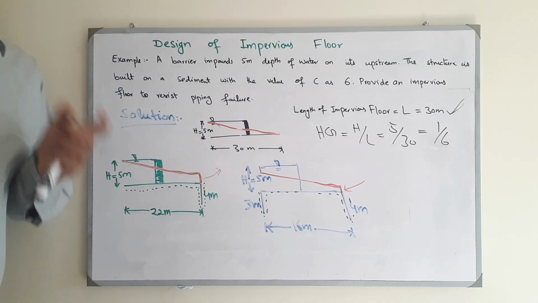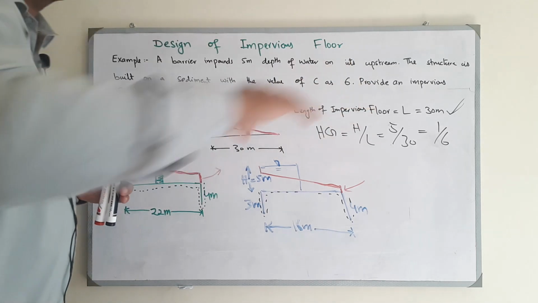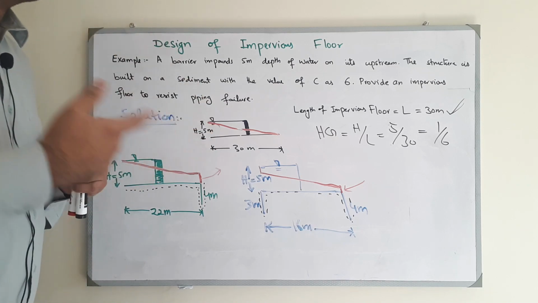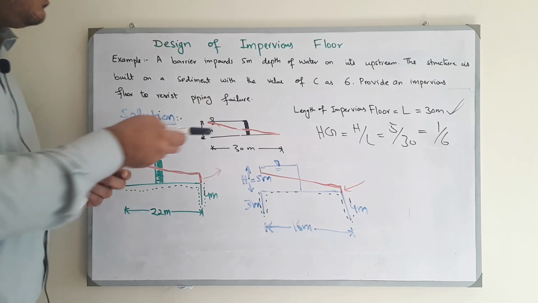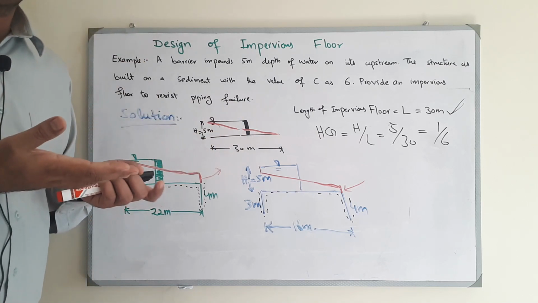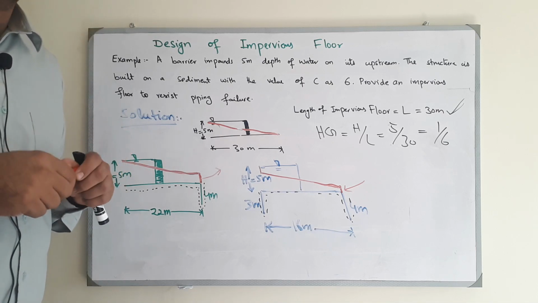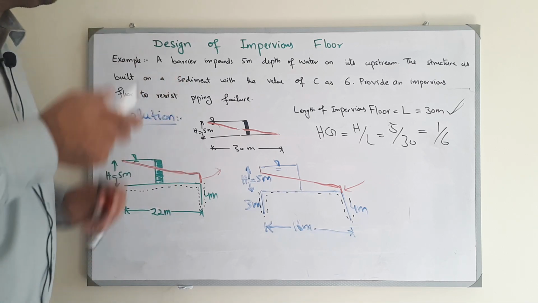Now we need to understand that we have studied the length of the impervious floor, but going in the direction of thickness of the floor, at upstream the thickness could be a paper thick, like a millimeter thick, of impervious floor and it is safe against the phenomenon of uplift. Why?